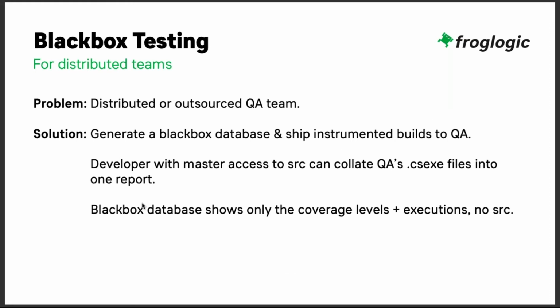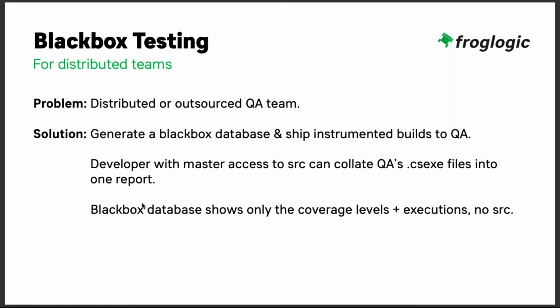Before we get into our GUI demo, I just wanted to touch on black box testing, which is good for teams that have distributed or outsourced QA teams. At many companies, source code is under high security, and even individual developers do not have access to all the routines in the source code.